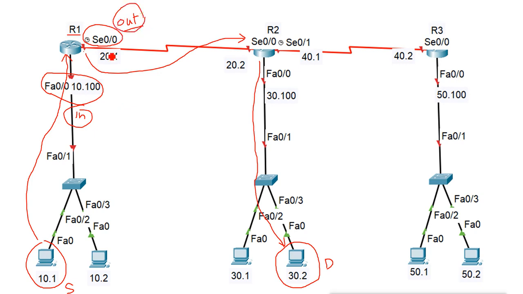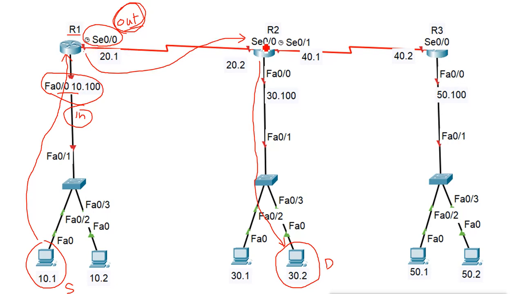Now both are the same. Like, I only want to block traffic from 10.0.0.1 to 30.0.0.2. If I configure it on this FastEthernet port, it will be inbound traffic filtering. If I configure it on the serial interface, it will be outbound traffic filtering, because the data is coming in from one interface and going out of the other.